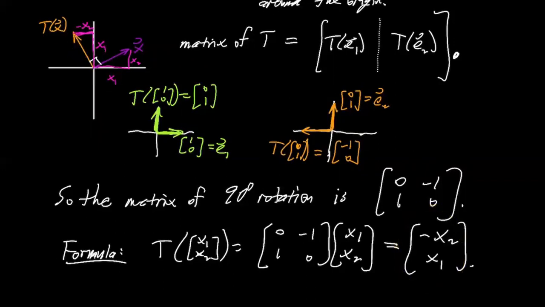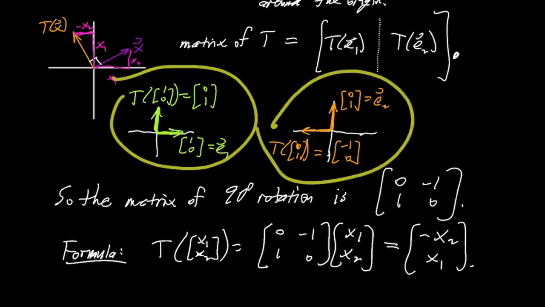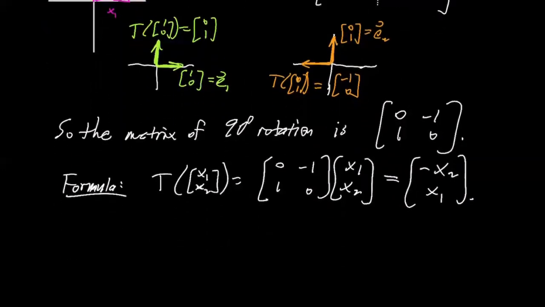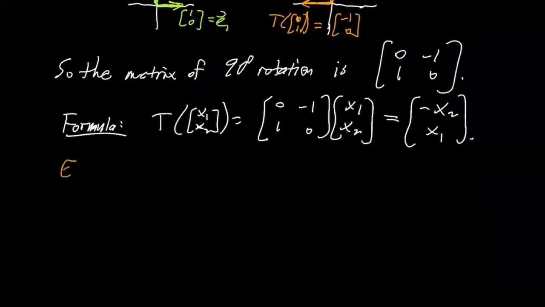But yeah, that's kind of cool, right? We don't have to figure out the whole formula. And especially for more complicated situations, it will be much harder to do that. We just have to see what happens in each of these cases, right? What happens to E1 and what happens to E2.